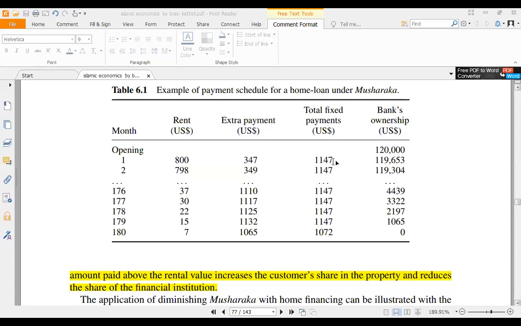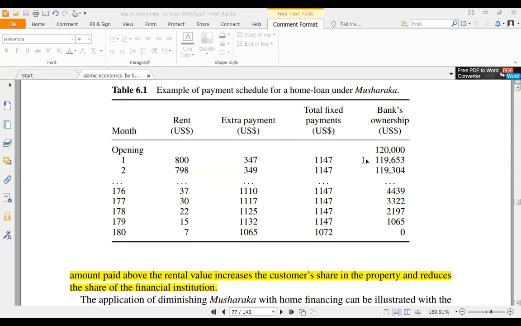Now, how much is the extra payment? 1147 rupees total fixed payment, 800 rent. The extra payment is 347 rupees, which is received by the bank. This extra payment will increase the customer ownership and decrease the bank ownership.